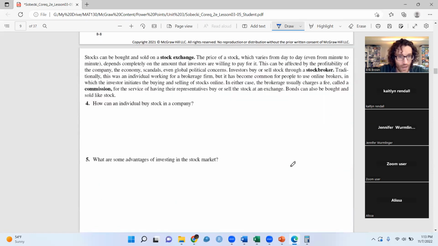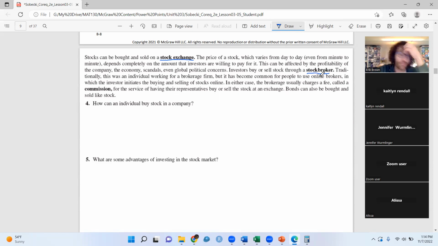So how are stocks bought and sold? There's a bunch of different stock exchanges. There's the New York, there's one in Hong Kong. I forget all the ones in America. There's bunches of different stock exchanges all over the world. And it used to be that there was an actual person that you had to purchase things through.